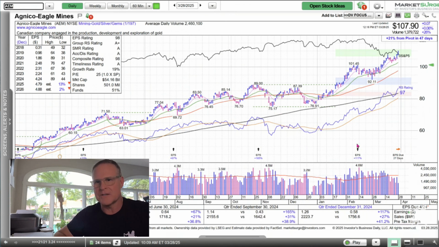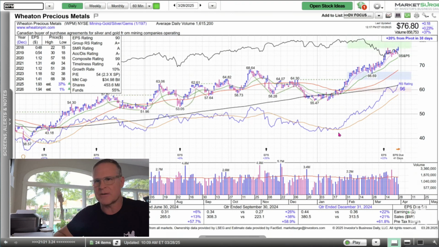However, you can see that a lot of these gold mining stocks have substantially outperformed the market and are doing very well. And one other name that is involved in both silver and gold: there are not really that many liquid silver players, but Wheaton Precious Metals, WPM, is involved in both. So that's another one that looks very attractive and strong and one to watch out for.